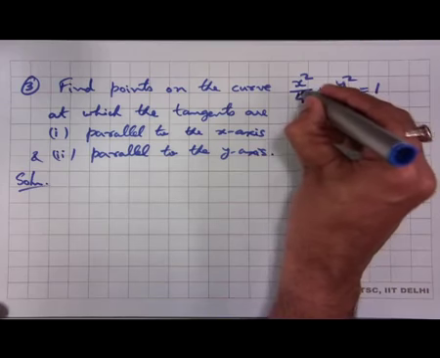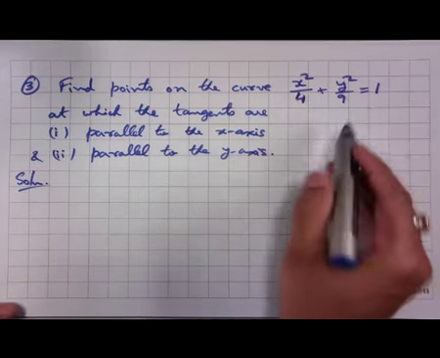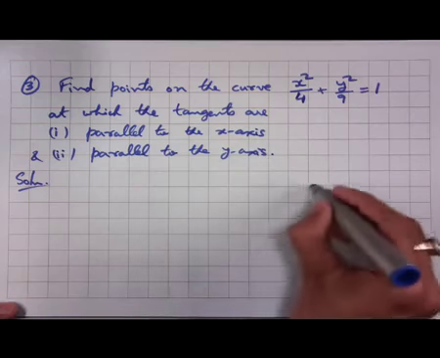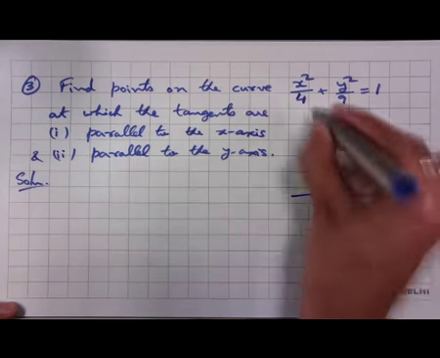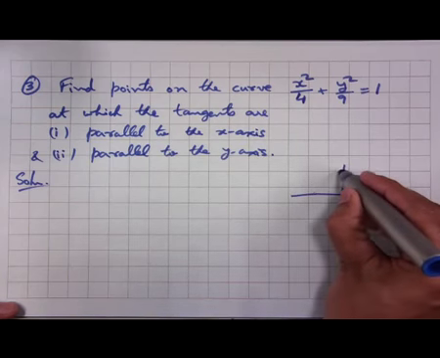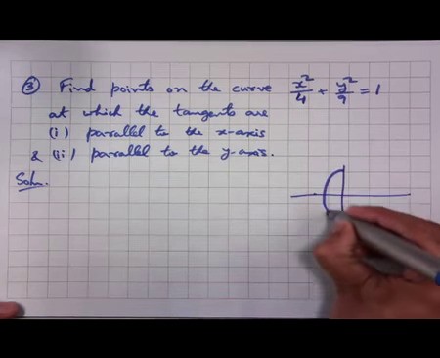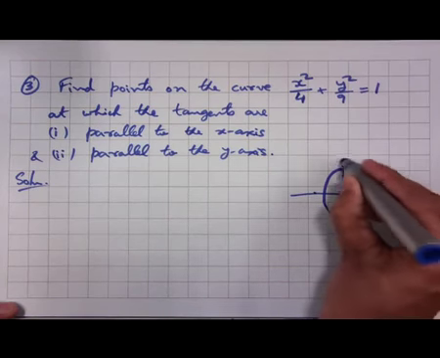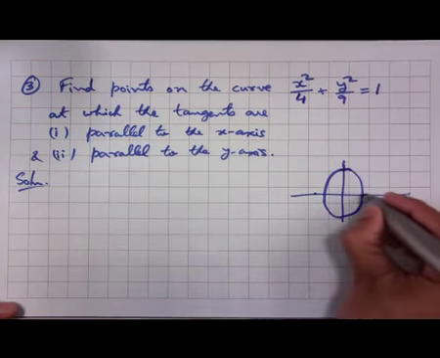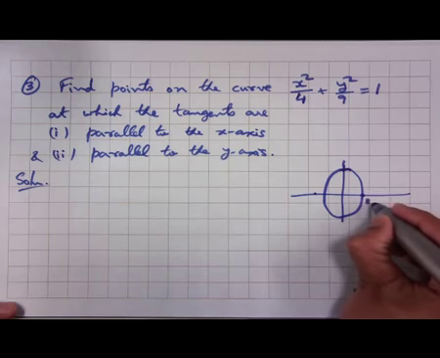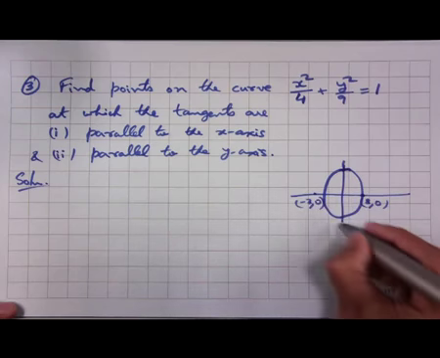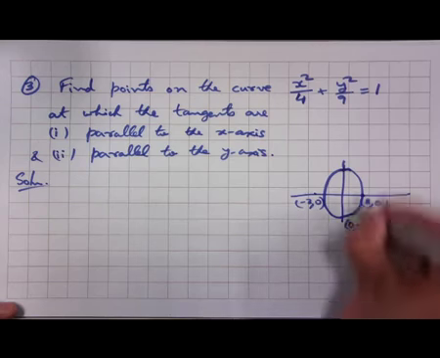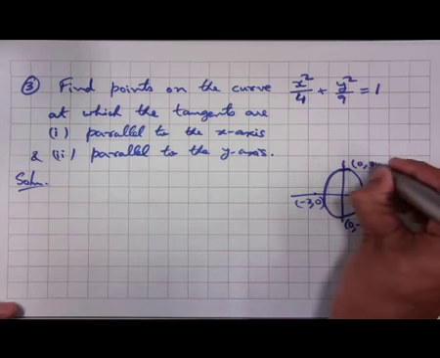So, this is in fact, if you recognize this as an ellipse, you can easily see that this is an ellipse and these points are 2, 0, minus 2, 0 and then 0, minus 3 and 0, 3.